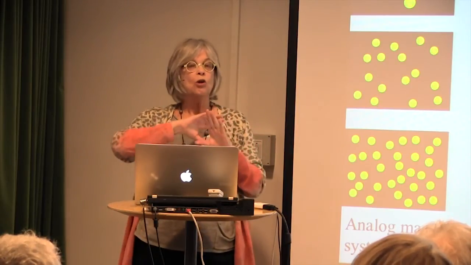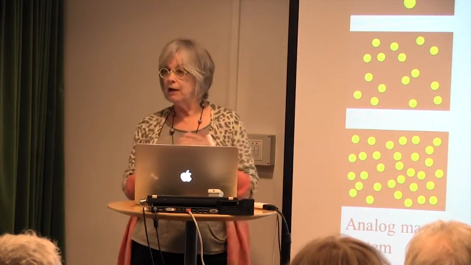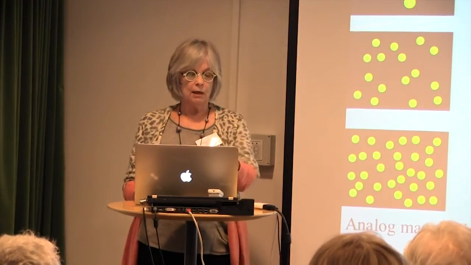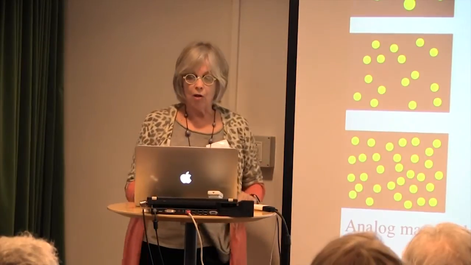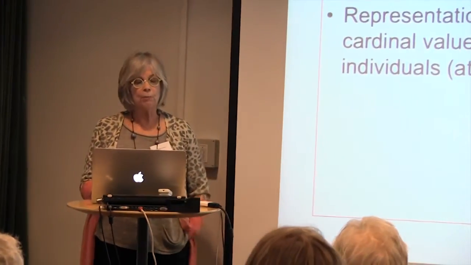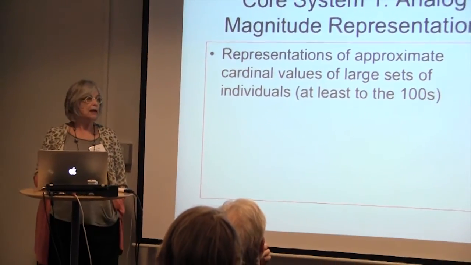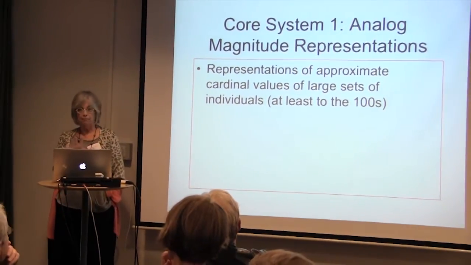So this is what we're looking for if we're going to talk about innate logic, right? So core system 1 is an analog magnitude system. These are representations of approximate cardinal values of large sets of individuals. And I want to show you that you have them, okay?